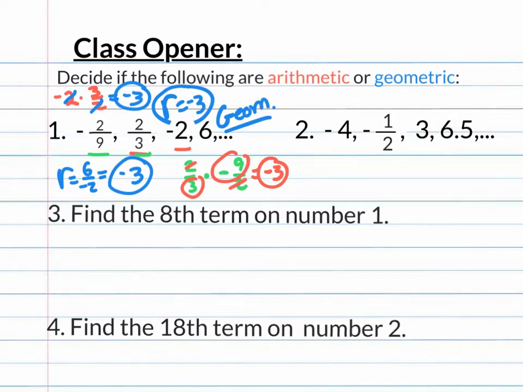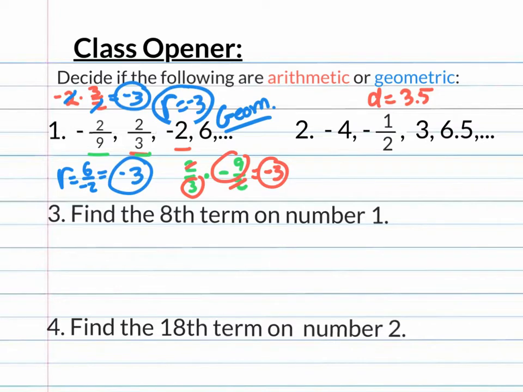So you need to see if there's a common difference. So how could you tell if there's a common difference? Well, you pick a number and you subtract the previous one from it. 6.5 take away 3, that's really 3.5. It looks like our common difference is 3.5. Let's see if it's true throughout. If I do 3 take away a -1/2, that's really 3 plus half, which gives you 3.5.